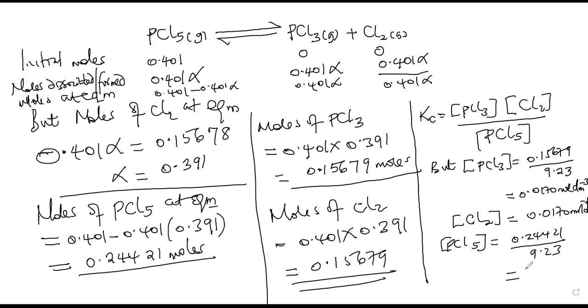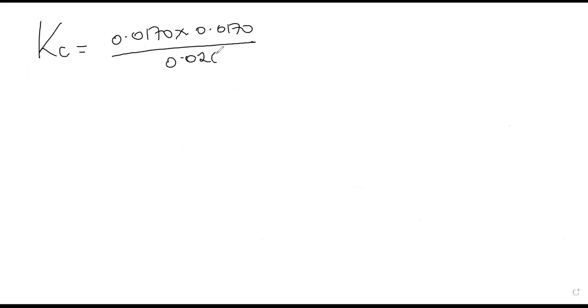So it will give us the value as 0.0265 moles per decimeter cubed. So if we substitute here to get the value of Kc, our Kc is going to be equal to 0.0170 times 0.0170 divided by the one of PCl5, which is 0.0265.